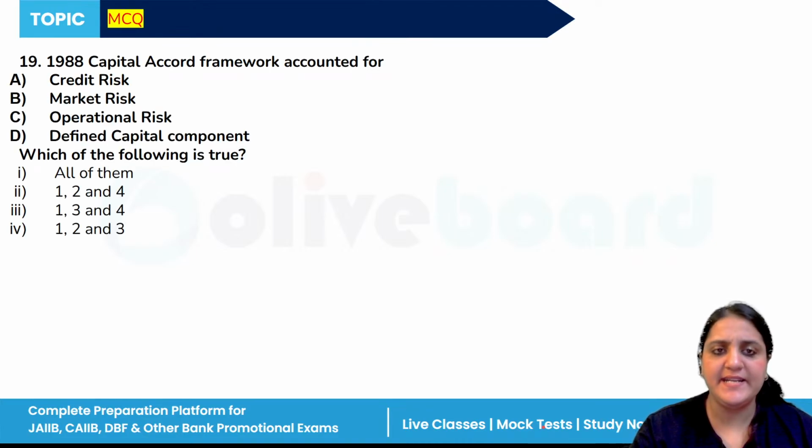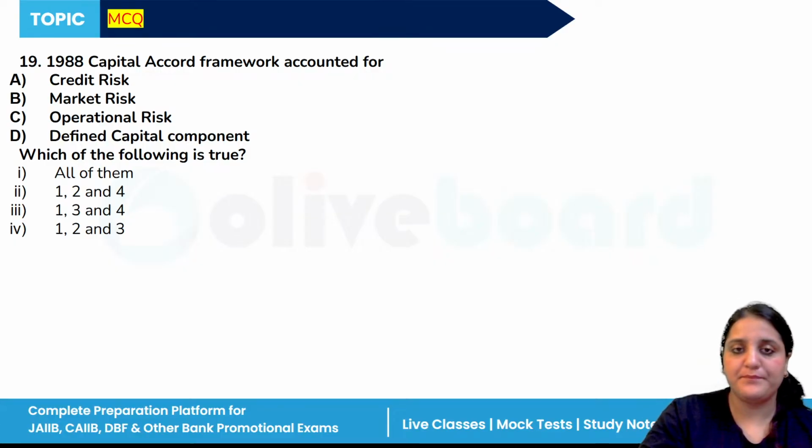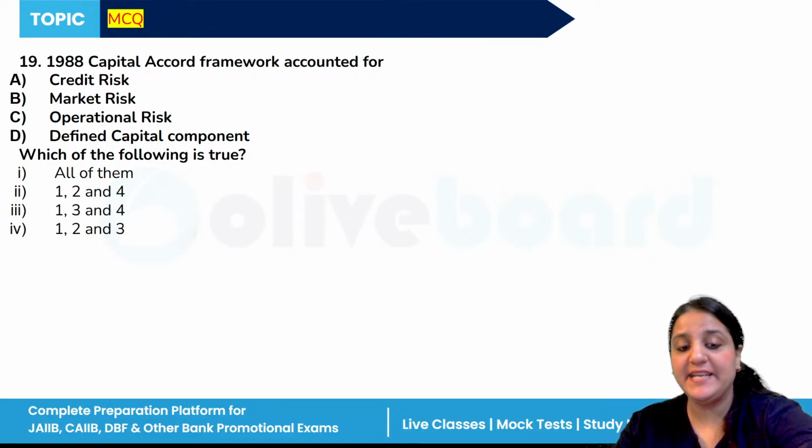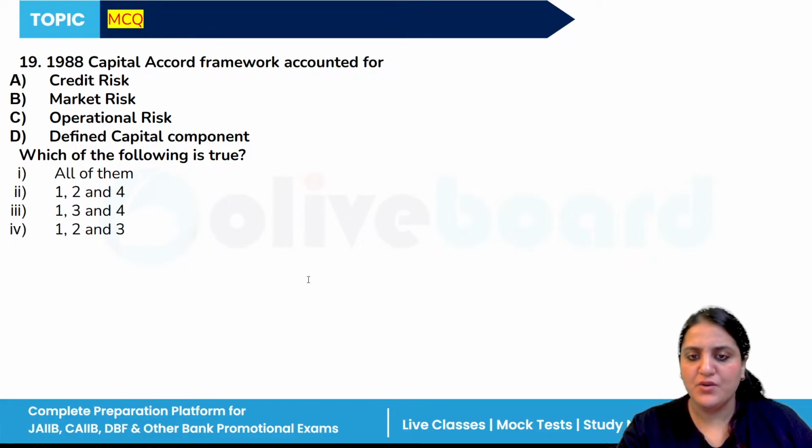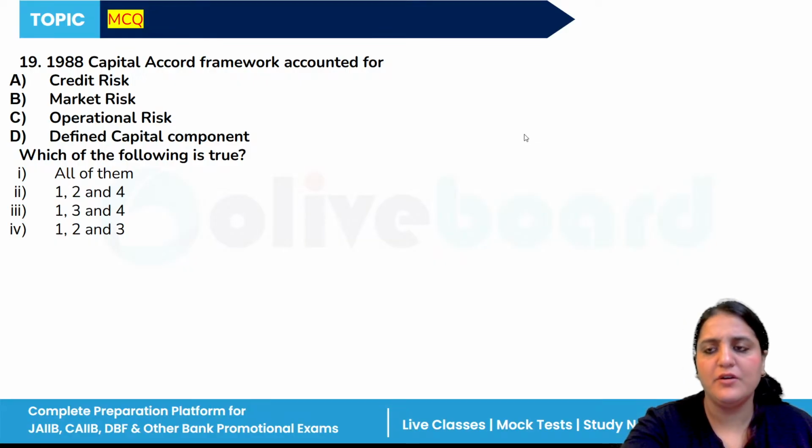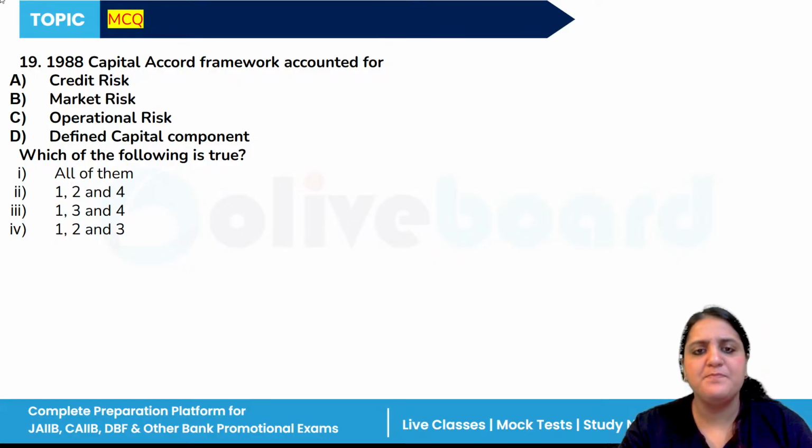In 1988, the Capital Accord framework accounted for what? If I say a few words about this 1988 Capital Accord framework, that is basically known as Basel I, which was introduced by the BCBS. Why?